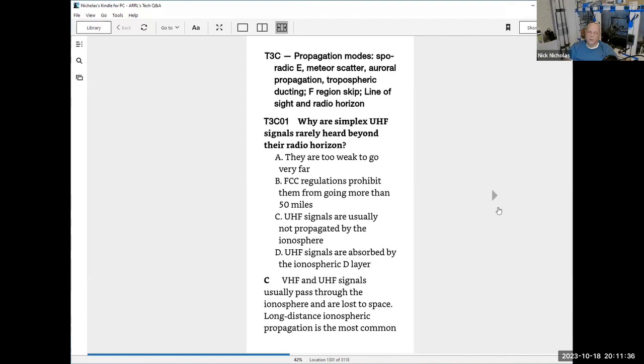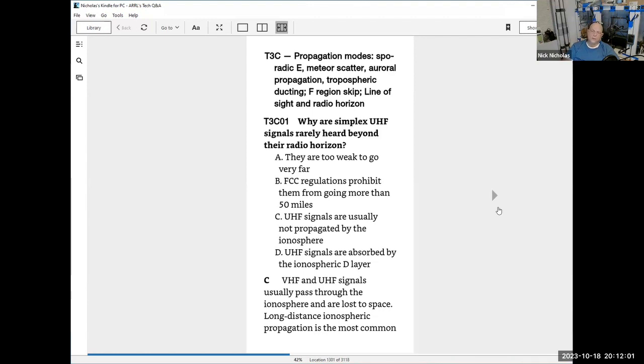They don't, as a rule, skip long distance off the ionosphere until the ionosphere is extremely highly charged, and that rarely occurs. But it does, but it's very, very rare. So usually we think of UHF and VHF frequency as being line of sight, although that's not entirely true.